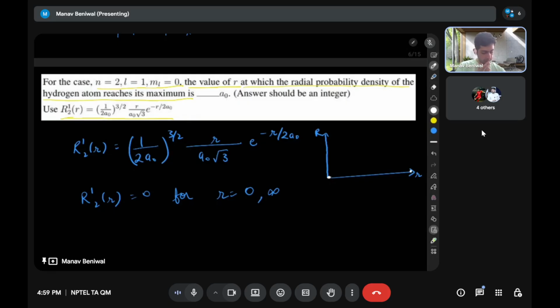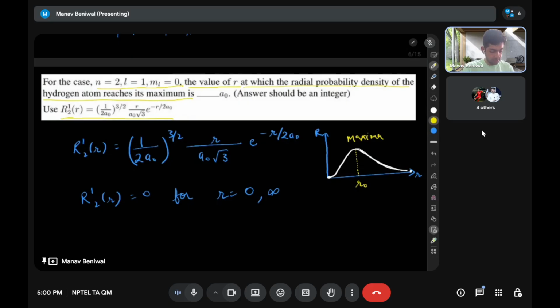And then somewhere here it will have a maximum and then it will go down like this, an exponential decay kind of function. Which means that at some value, let's say r naught, we have a maxima. And this r naught is what we are supposed to find.